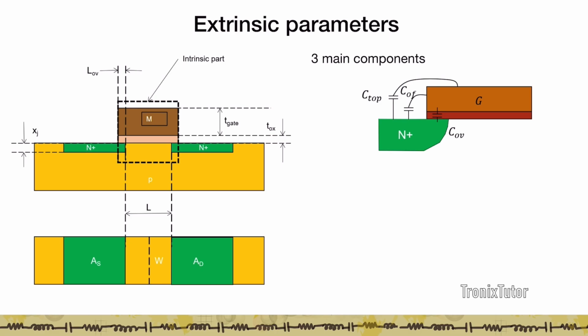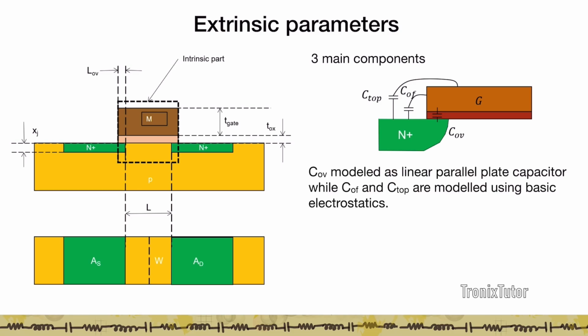A similar version of the fringing also occurs because of fields which originate from the top of the gate and terminate onto the source drain. So we model the overlap capacitance as a linear parallel plate capacitor, and we model these two fringing capacitances based on the angle between the two planes using basic electrostatics.